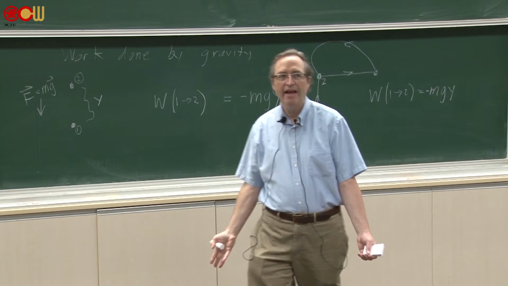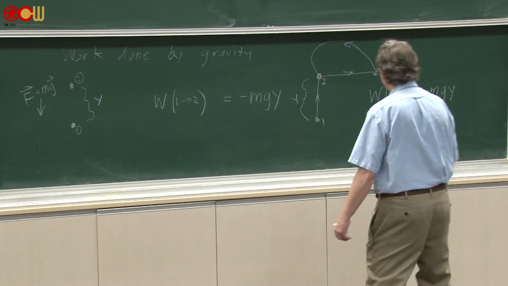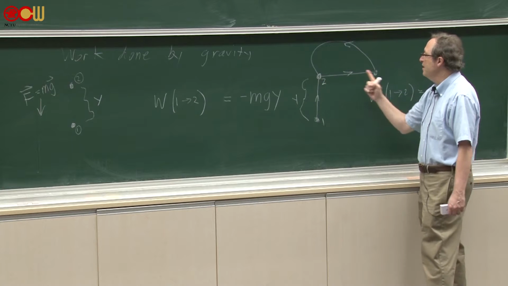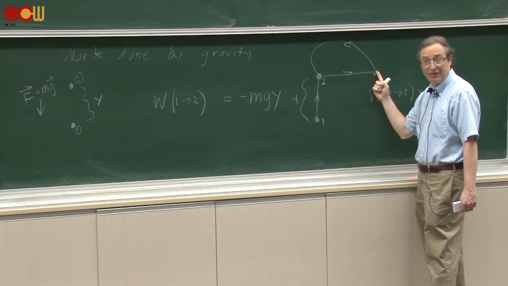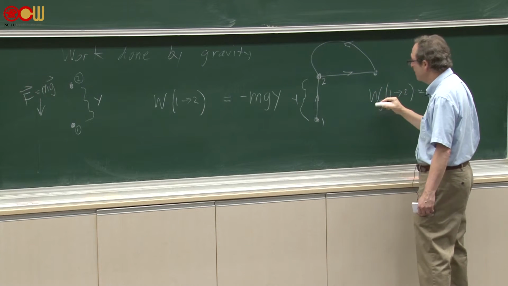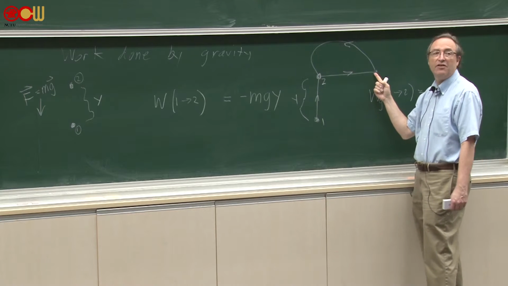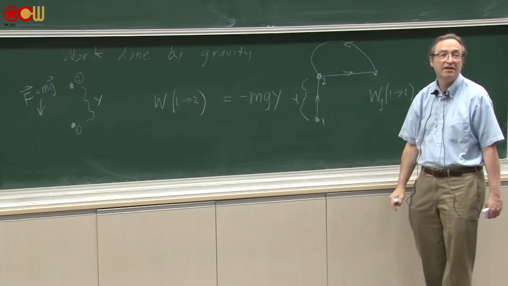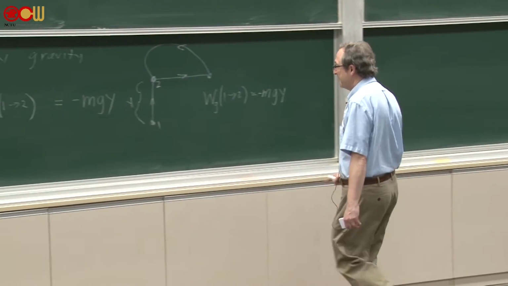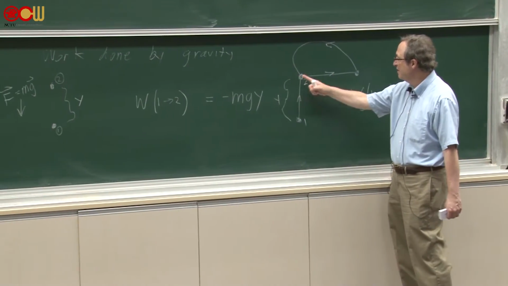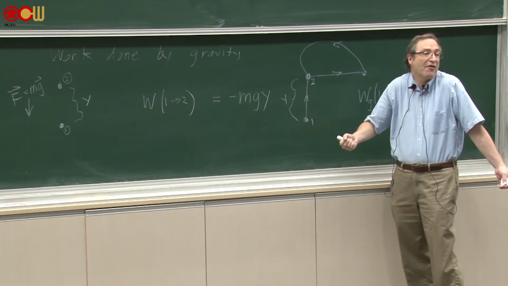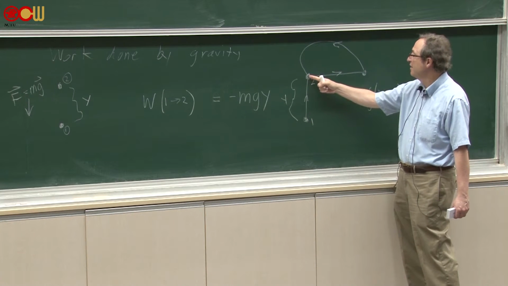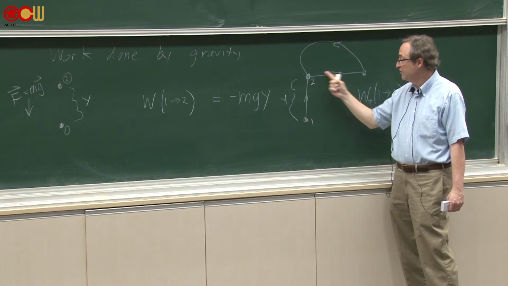So why is that? Well, first of all, the work going from here to here due to gravity. This is due to gravity. The work done from here to here is 0. Why is the work done from going from here to here 0? I'm carrying the ball from here to here, then here to here, this section.